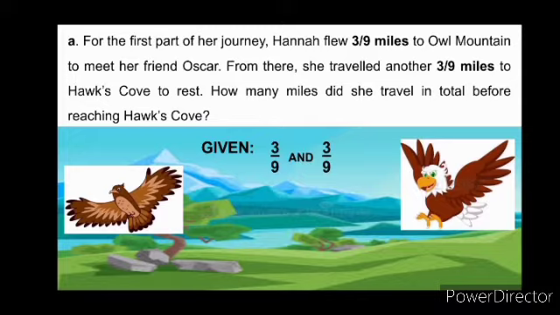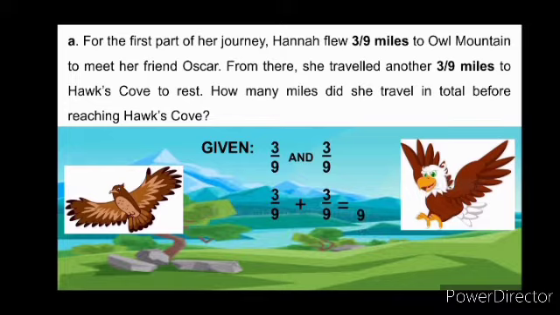Since they have the same denominator, we're just gonna directly add the numbers. We just copy the denominator 9.